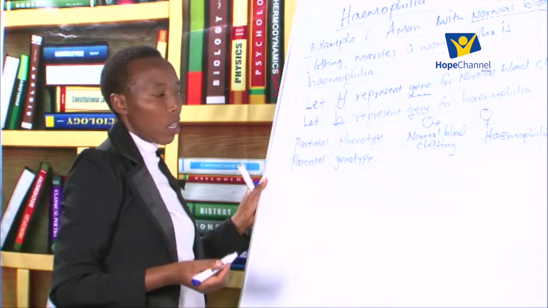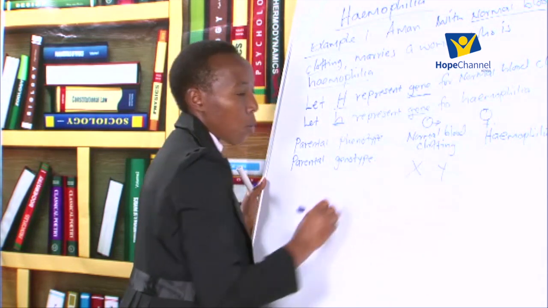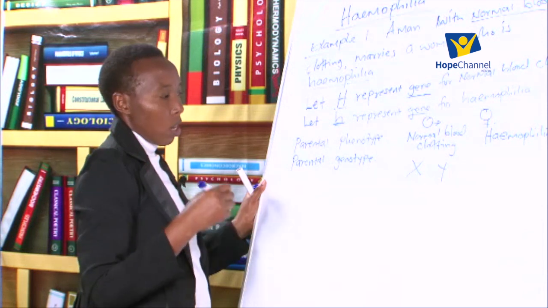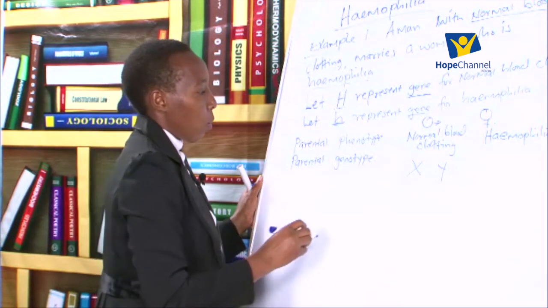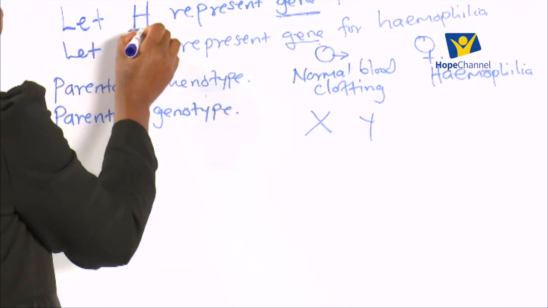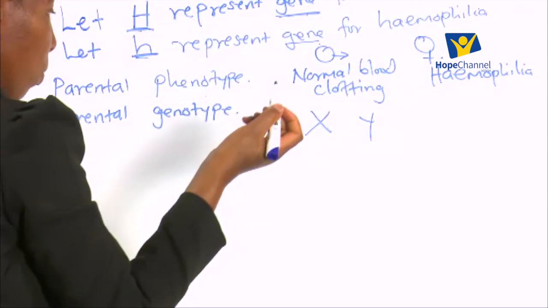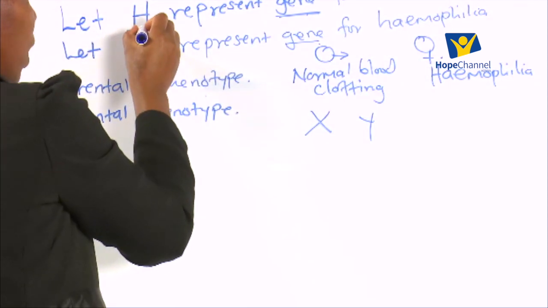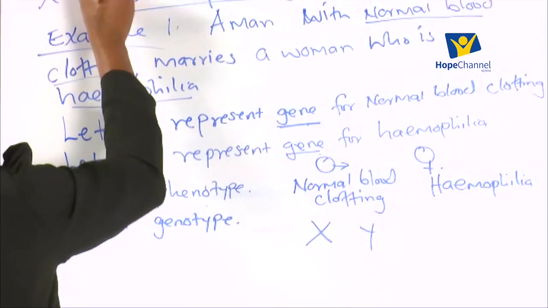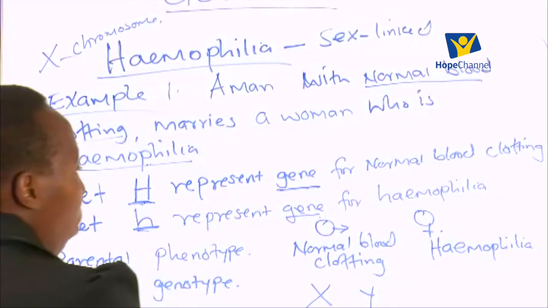When I talk about sex-linked, we can't miss to use the X and Y chromosomes, because it is the X and Y that determine our sex. This person is normal, and we said that capital H represents normal blood clotting. Number 2, the gene for hemophilia is carried on the X chromosome. Don't forget that. So we are going to place it here.